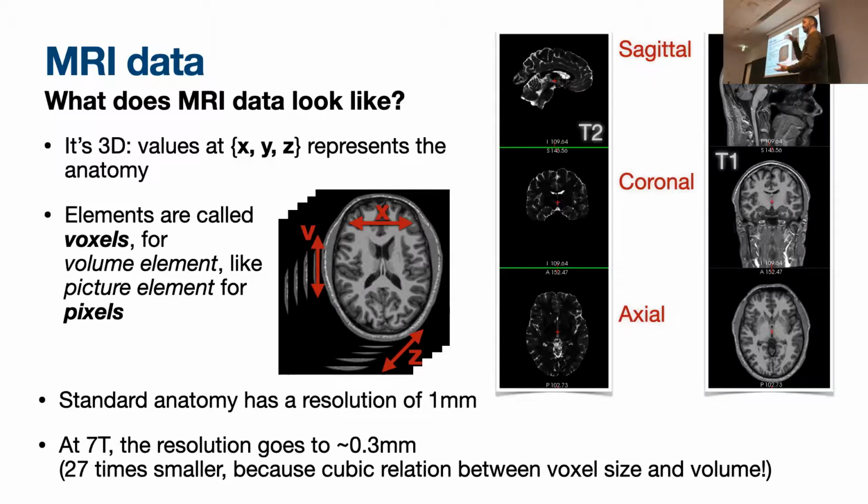In essence, you get a cube of values for every scan that you take. What this means is you have this 3D box in X, Y, and Z. And the elements of these images are not called pixels for picture elements, but voxels for volume elements. It's a very simple way of thinking about it.